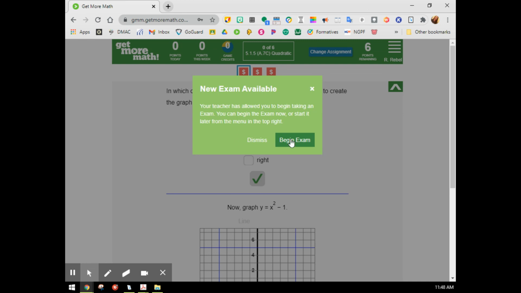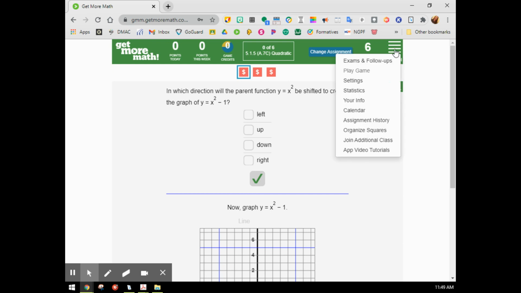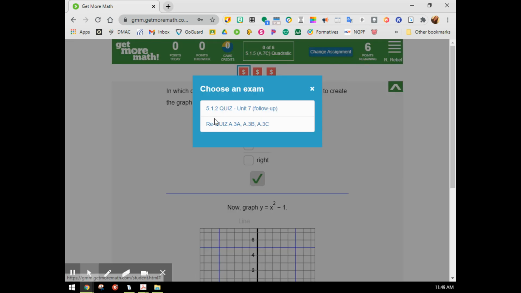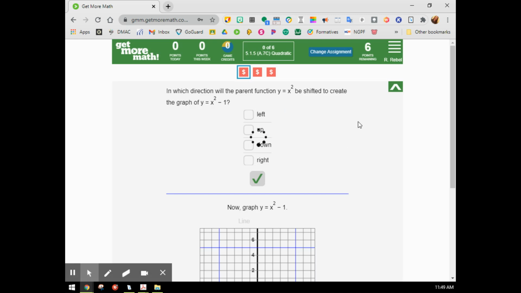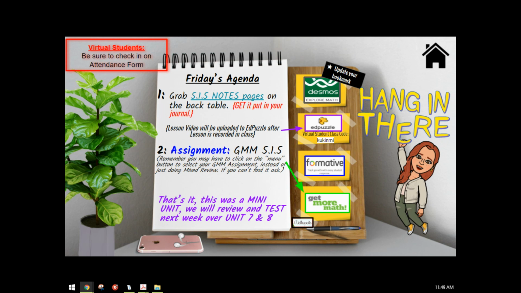So you can go begin exam if you're ready for it. If you don't want to take it just yet and you work on your problems, then right here you go to this little menu on the side and exams and follow-ups, and it should say right here, unit 7 follow-up. Yep. Okay. And based on however many problems you missed will be how many questions you have in there.